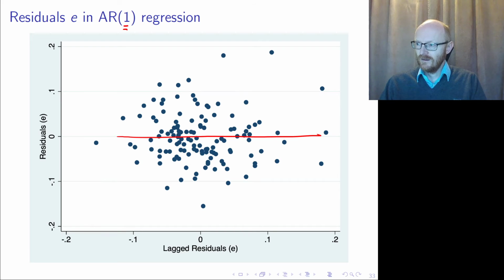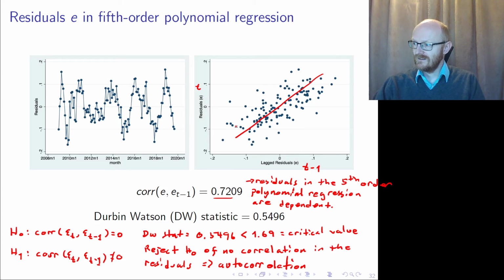You remember that in this plot of residuals against residuals at time t minus 1, we could actually fit this positive slope line with the residuals from the polynomial regression.